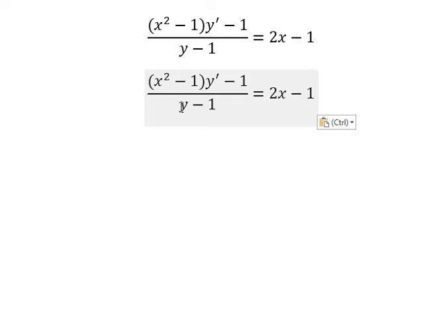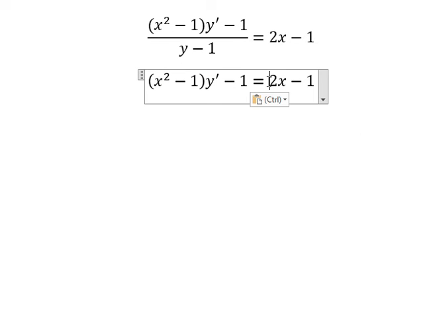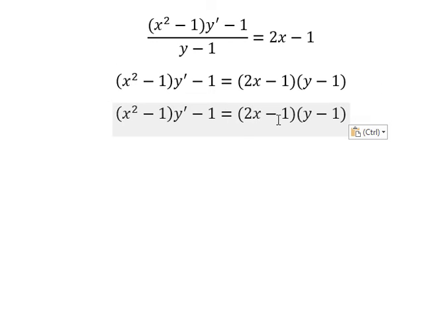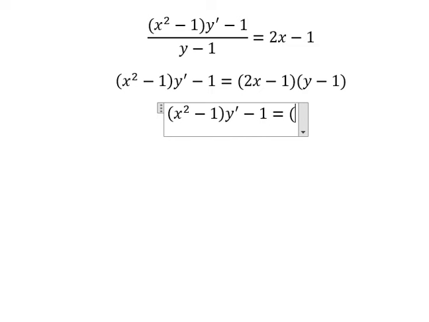We multiply both sides by y minus 1. Next, 2x minus 1 multiplied by y and negative number 1. So I will write like this.